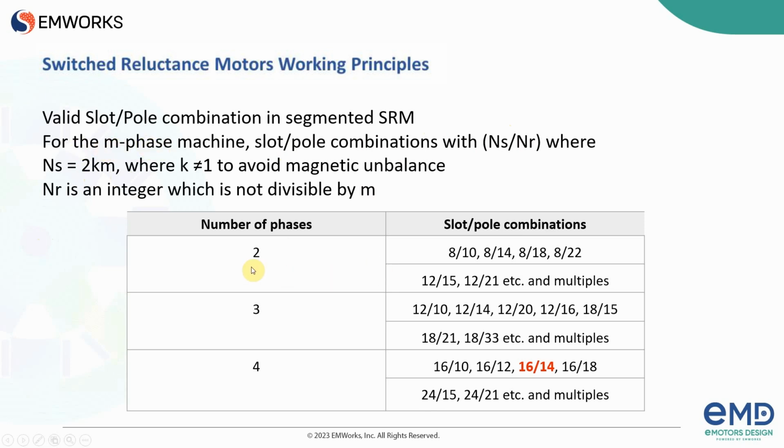So for a two-phase machine, we can have 8, 12, or multiples of these numbers for segmented SRM stators. For a three-phase machine, we can have 12, 18, and multiples of it. And for a four-phase machine, we can have 16, 24, and multiples.